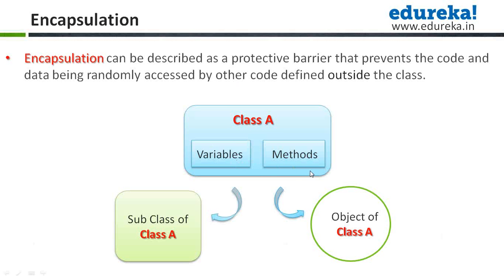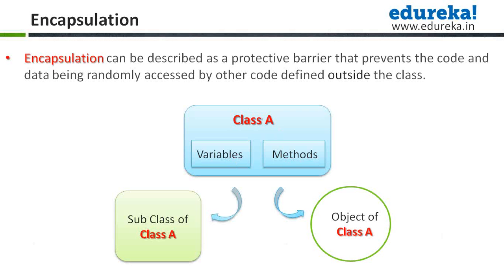These variables and methods can only be accessed by things related to the class A. Either they could be used by a subclass of A, that is, a class inheriting this class, or by an object of class A. So we are providing protection to the variables and methods using the class.